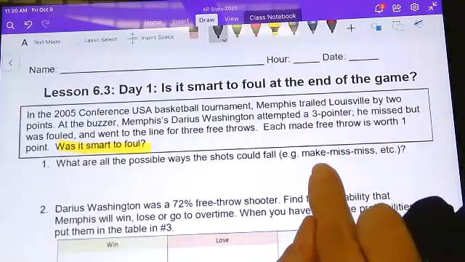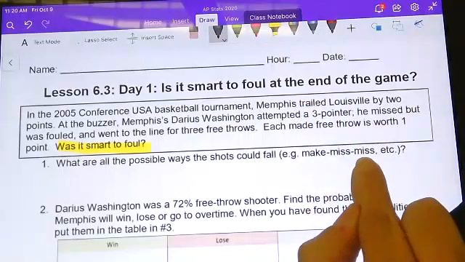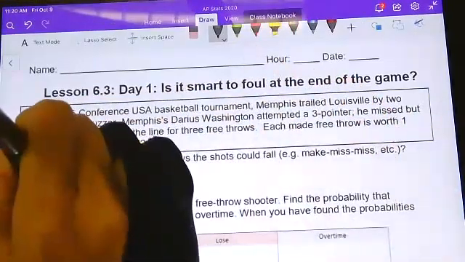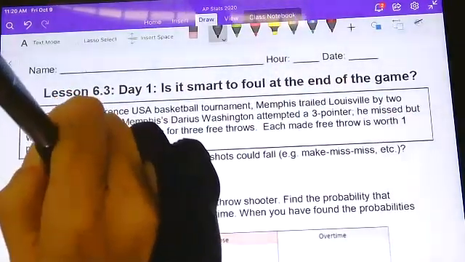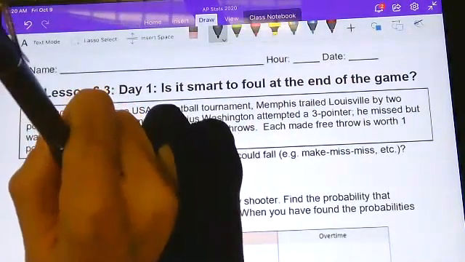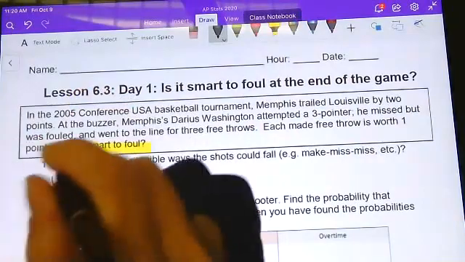For example, he could make the first one and then miss and then miss. So it is possible that he makes all 3. I'll use check marks for making the shot, and then we'll use X's for missing the shot. Okay, that's possible. He could make all 3. Okay, he could make 2 of the 3.